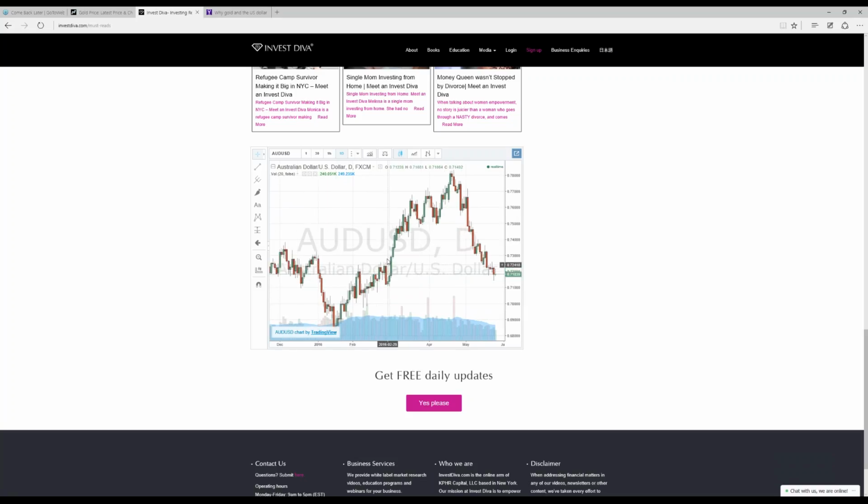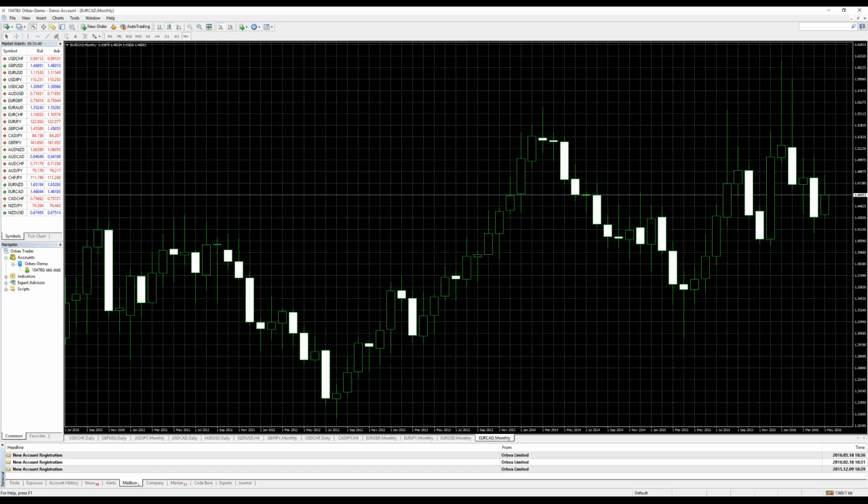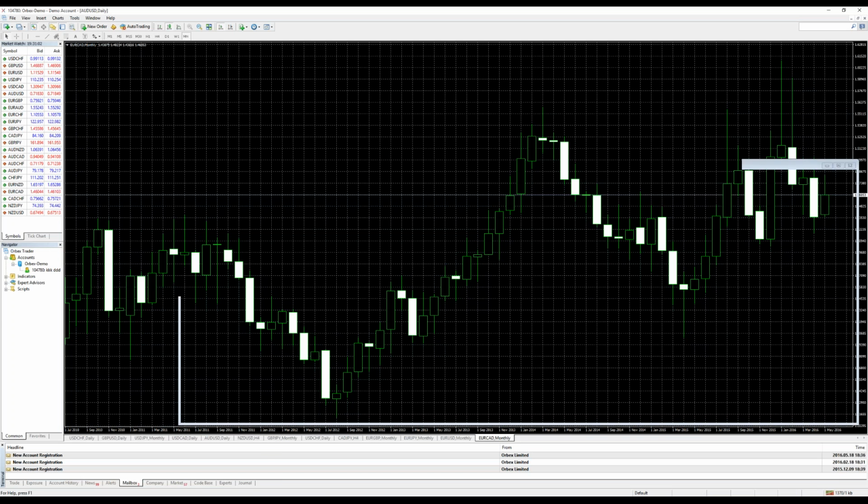So we have the Aussie dollar pair that has been on a downtrend. This is the daily chart, right? And actually I can bring up our Orbex daily chart over here.